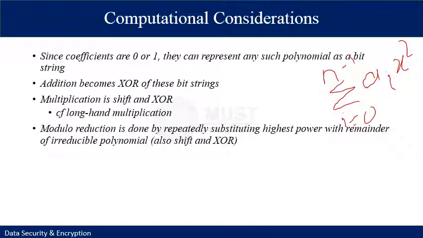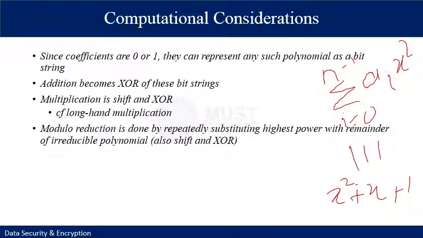So it can be uniquely represented by the sequence of its n binary coefficients. For example, we are representing a polynomial with the highest degree of 2. That means x square plus x plus 1.